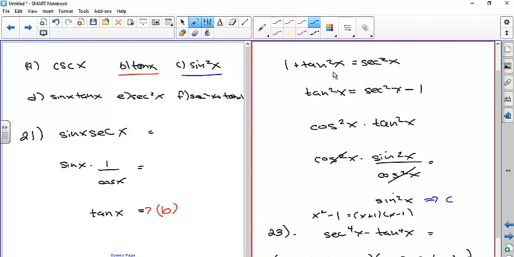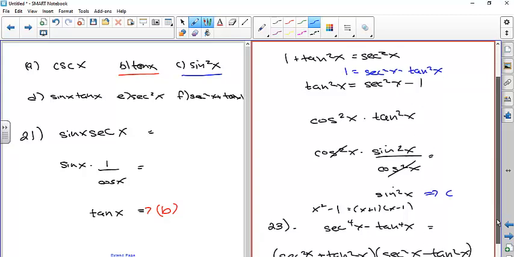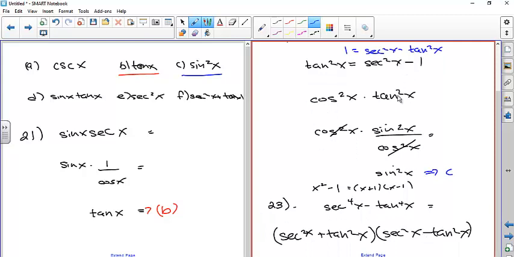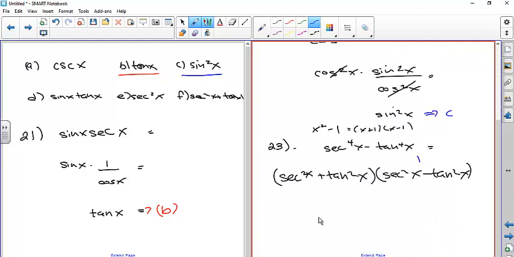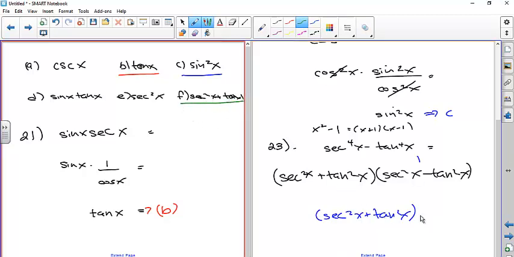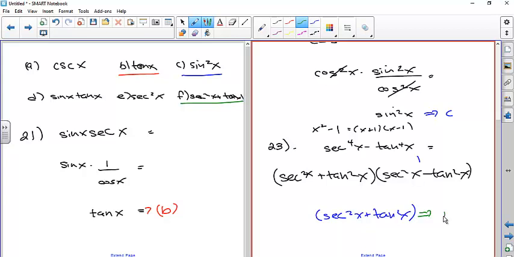If I take this same trig identity but subtract tangent squared from both sides, that matches up with secant squared x minus tangent squared x. So this part is 1. So what I'm left with is secant squared x plus tangent squared x, and that is this choice, secant squared x plus tangent squared x. So this corresponds to F, which I haven't used before.